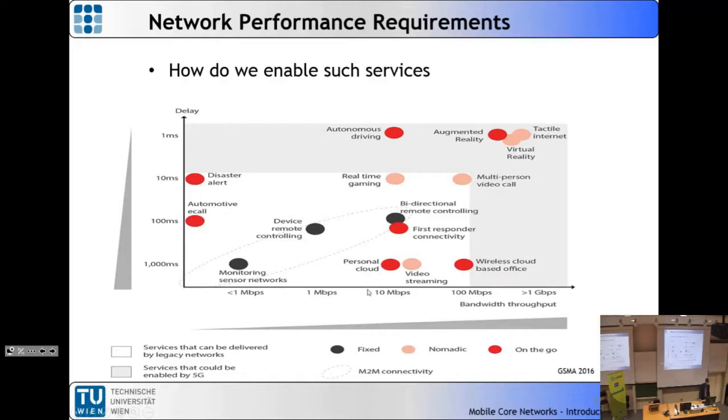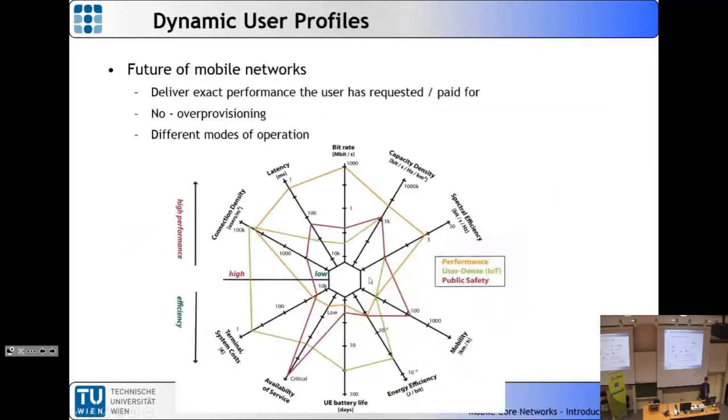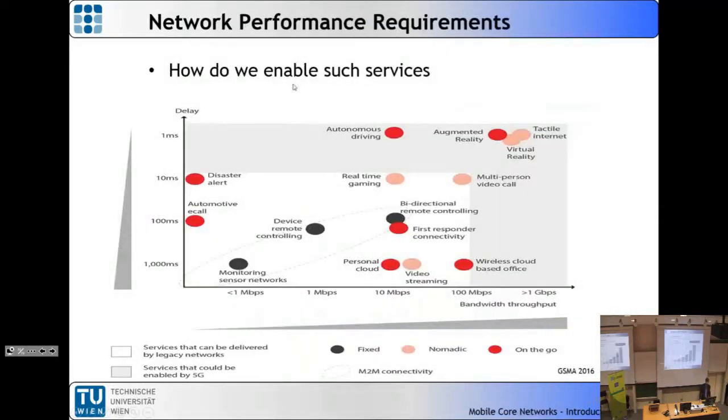This is just to show you the view, and I just stress that this is my view, so don't trust it at all. This is the view that GSMA has, basically. If you go to last year's GSMA release, they split it into delay and bandwidth, and they said these will be the target applications they want to push for. The red ones are actually the ones that they currently push, because this is disaster alerting or automotive, so these e-call systems.